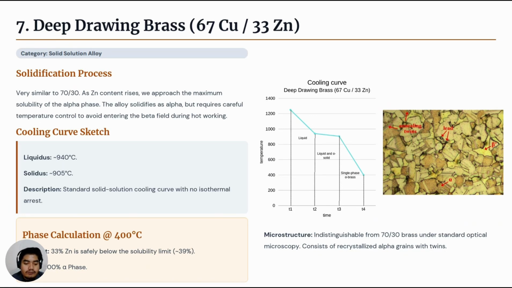The cooling curve shows typical solid solution behavior, with no isothermal arrest. Solidification occurs over a temperature range, with a liquidus at approximately 940 degrees Celsius and a solidus at around 905 degrees Celsius.